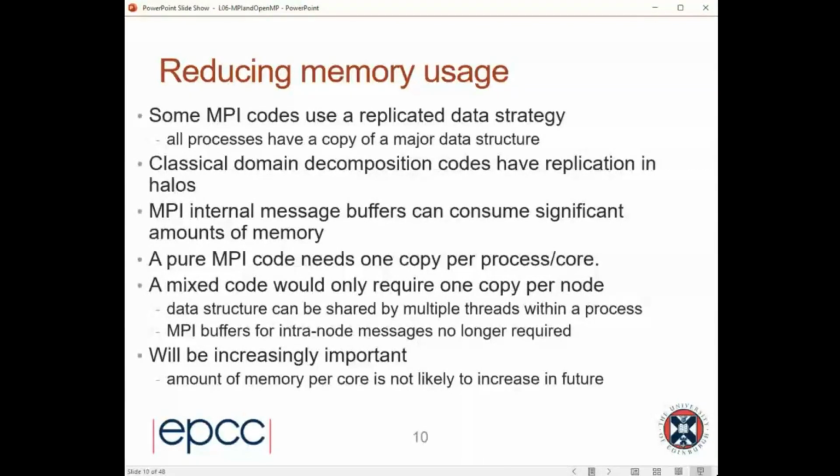You can think of it going from a row-wise decomposition to a column-wise one. That is often done through calling an all-to-all, and the MPI library is having to manage and buffer huge amounts of data when it does that, and that can be a significant overhead. A pure MPI code needs 1 copy per process or core.